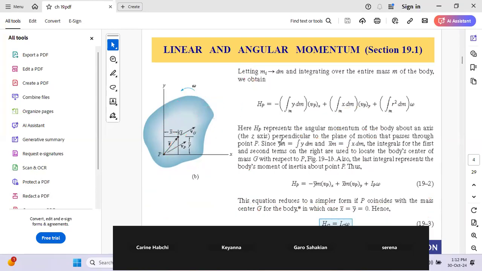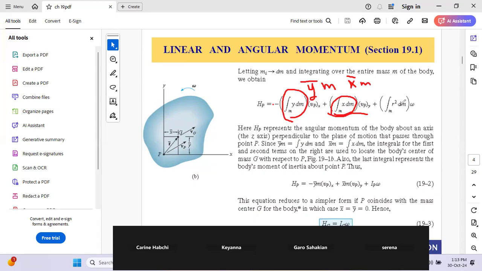First, when you integrate your terms, you have several terms that can be replaced by a mathematical expression. If we talk first about the integral of y dm, you know that the integral of y dm can be replaced by y bar, which is the coordinate of the center of mass, times the total mass, times Vpx. For the second integral, the integral of x dm can be replaced by x bar times the total mass.